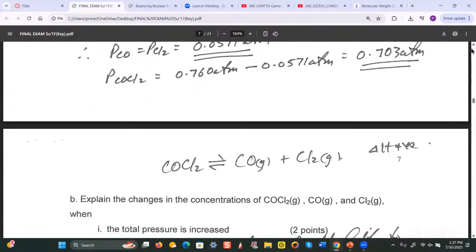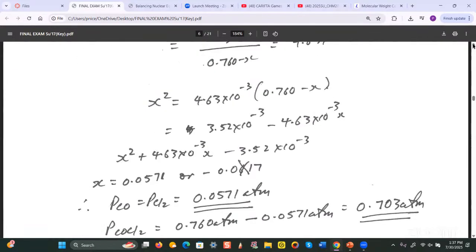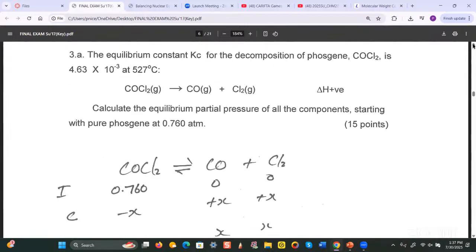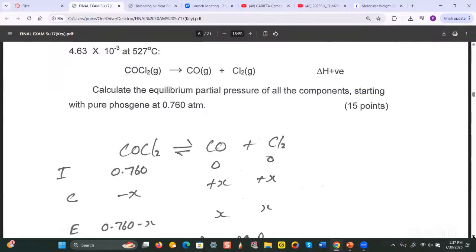Now, I just realized the question is asking for pressure, not concentration. Oh, yes, it does. Okay, my bad. Yeah, they're asking for the pressure.